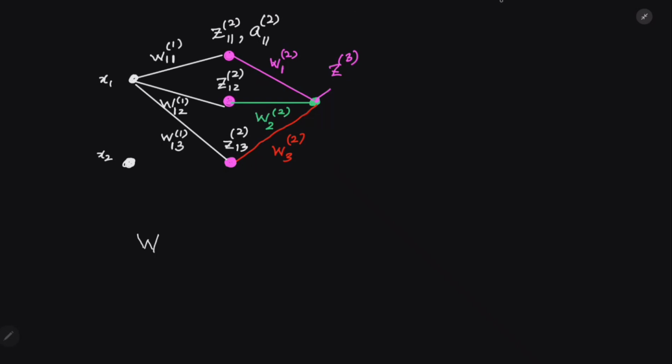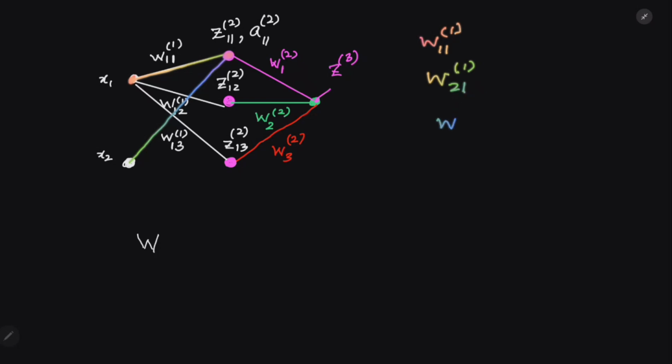For example, from x1 to this neuron, and this neuron has two connections, W111 and W121. Okay, so it has two connections.